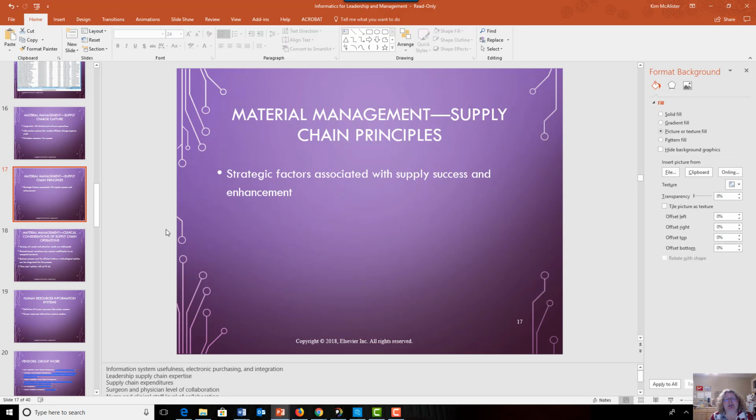Also, you need to look at what factors are associated with supply success and enhancement. So the leadership needs to have someone with supply chain expertise. You need to have collaboration from the providers, and it needs to be usable for nurses, and the nurses need to be able to access it and use it quickly.